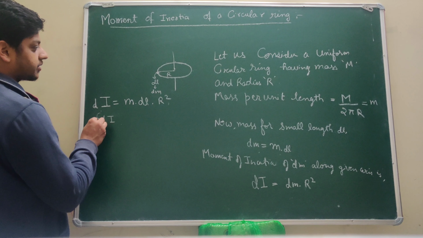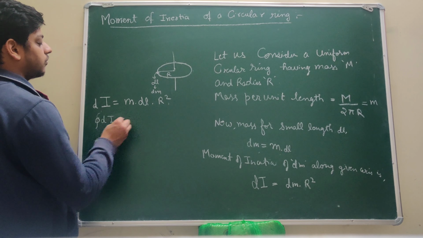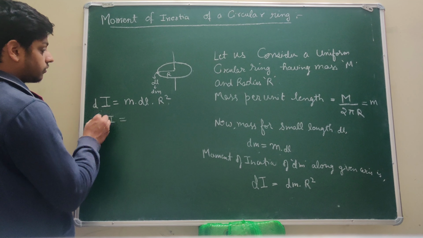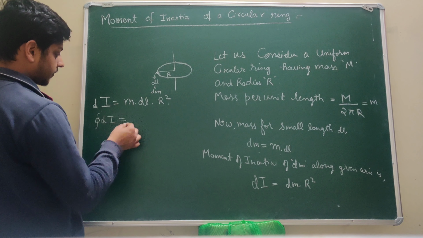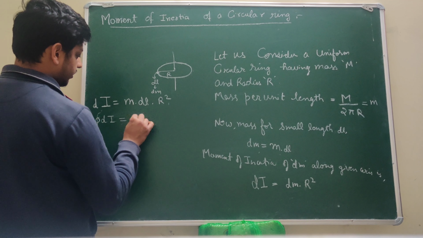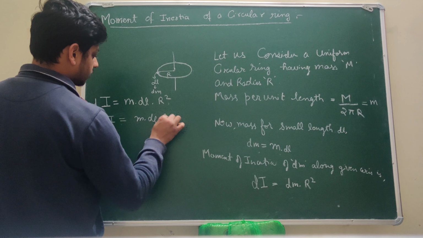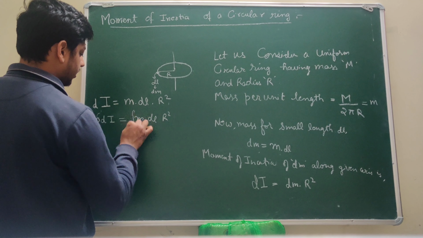this sign represents the circular ring. Integration over the whole ring of the moment of inertia. So from here I can write integration of m dot dl r square.